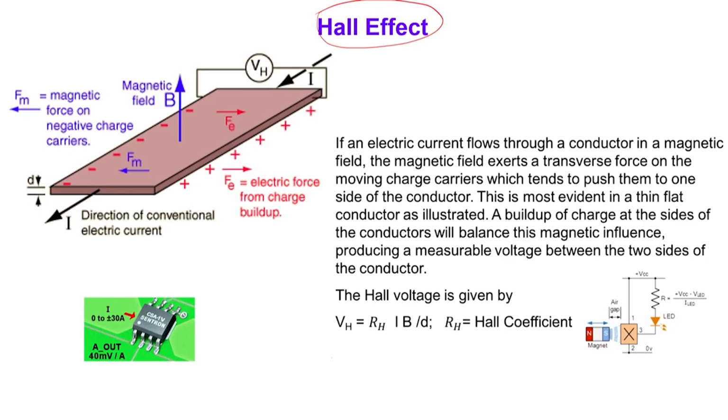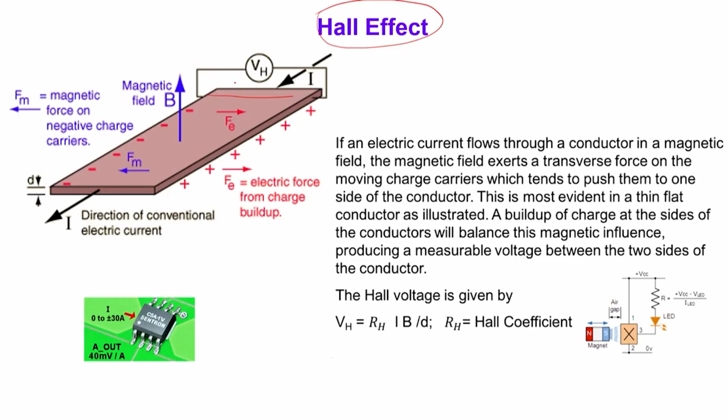Now, what if we do not have a wire, but a plate like this, and the current is flowing on the plate. In such a case, because of this finite width, as the current travels, and current travel means electrons are traveling in one direction, in the plate they will concentrate on one side.